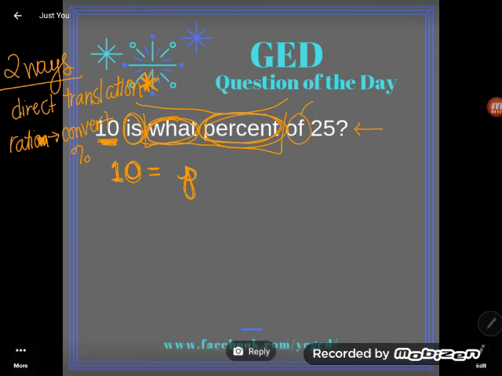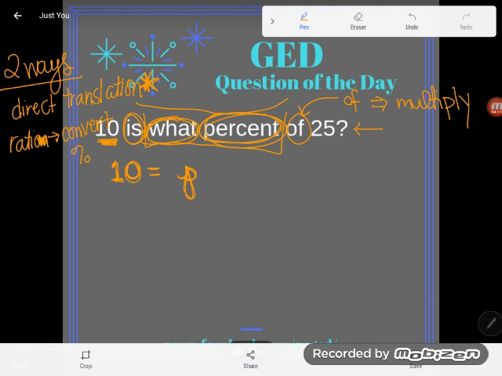Now I see the word of. This is one you should write down because many students forget this. The word of can be directly translated to multiply. That's literally what it means, and students feel like that's wrong. Like half of 10 is the same as half times 10. They say, Kate, no, that's not true. Of means divide because when I'm finding half of 10, I just take 10 and divide by 2.